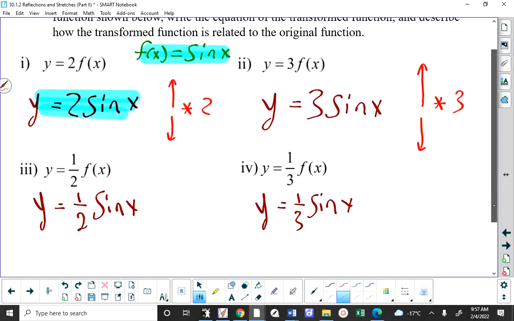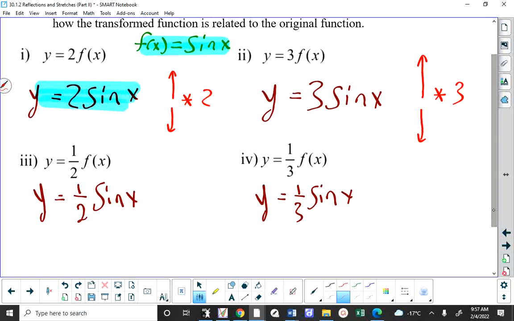If that's the case, then this should be a vertical stretch by a factor of 1/2, which, since 1/2 is less than 1, that could be a description of what's going on. And this would be a vertical stretch by a factor of 1/3. So now I'm going to show all of these to you. But again, we develop more abstract rules so that we don't have to waste time all the time looking at concrete work like graphs or tables of values.